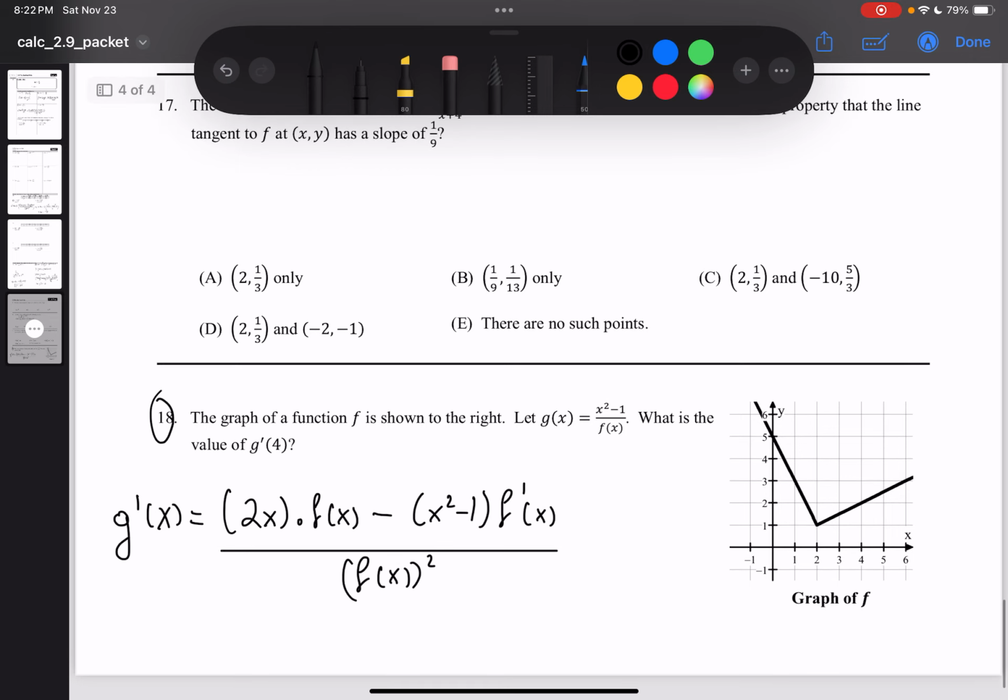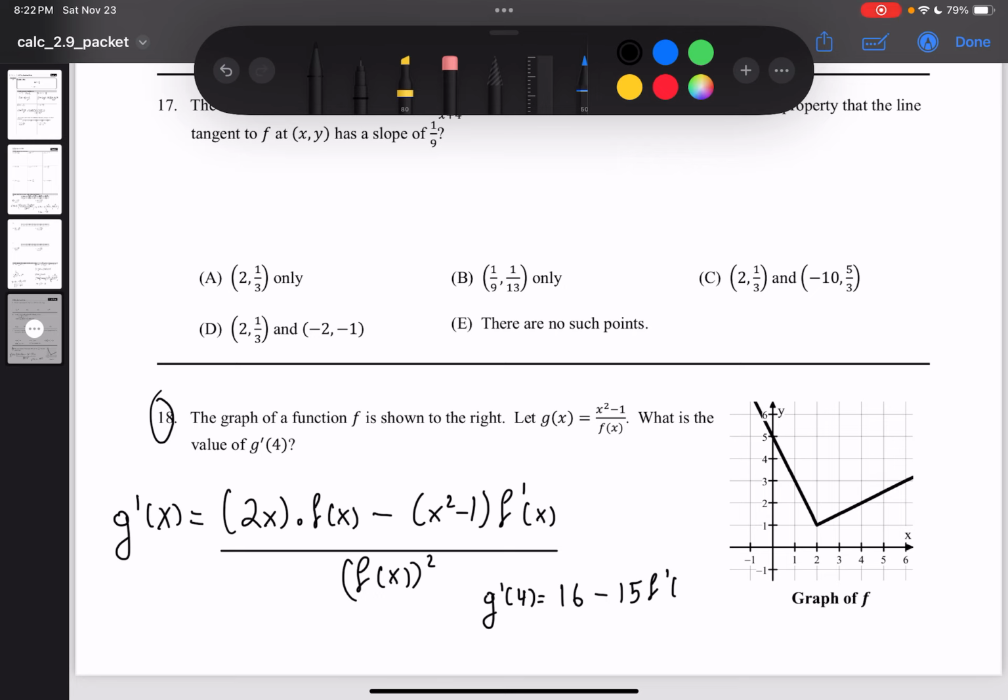Now applying the formula at 4, g prime of 4. So 2 times 4 is going to be 8. Now f of 4 is basically 2. So 8 times 2 is going to be 16 minus 4 to the power of 2, so 16 minus 1 is going to be 15.